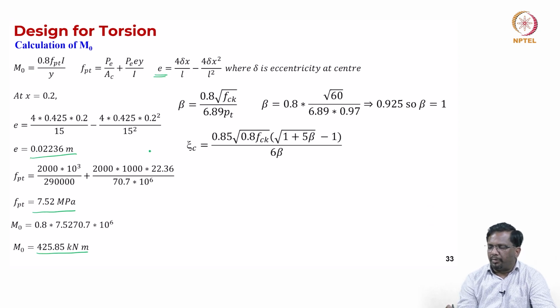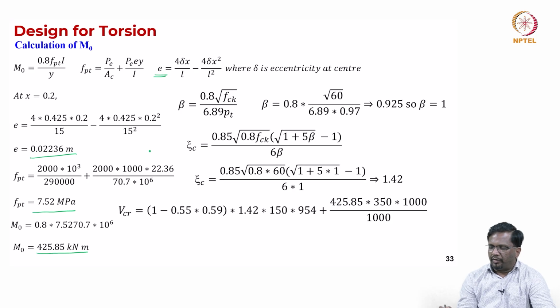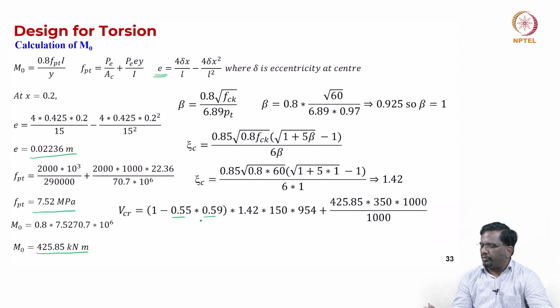So, M0 we have calculated. Now, in that equation you see that we got 1 minus 0.55 times that effective ratio, then 1.42 is your psi z, the shear strength of the concrete, and 150 is your breadth of the web. This is your breadth of the web, this is your psi z or shear strength of the concrete, and this is your effective depth dt, right.